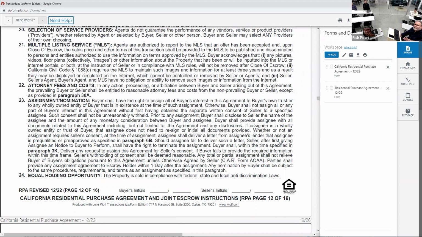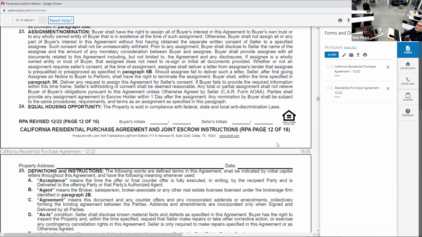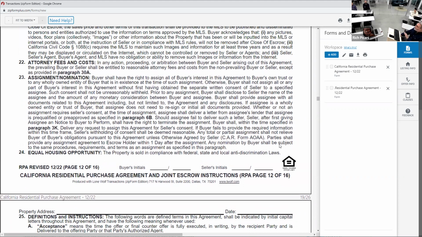This used to only be assignment, and then people were saying, well, I'm nominating. Basically, this is saying they're one and the same thing, and you only have X amount of days to do it. After 17 days, a buyer can still ask to assign it to somebody else, but the seller at that point doesn't have to agree.